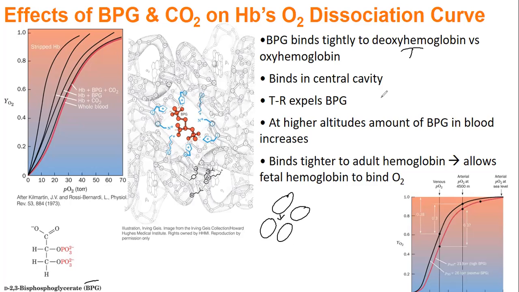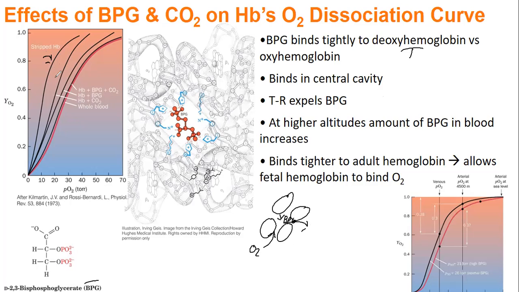While if I bind oxygen, BPG is expelled. Why is this good? Well, BPG in your blood allows hemoglobin to let go of that oxygen to your cell. So this graph in the top right, this line shows what hemoglobin behaves like without BPG.